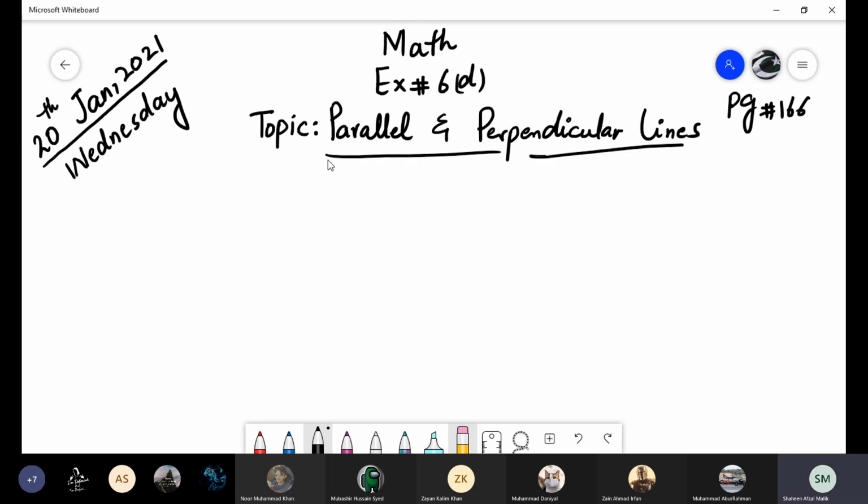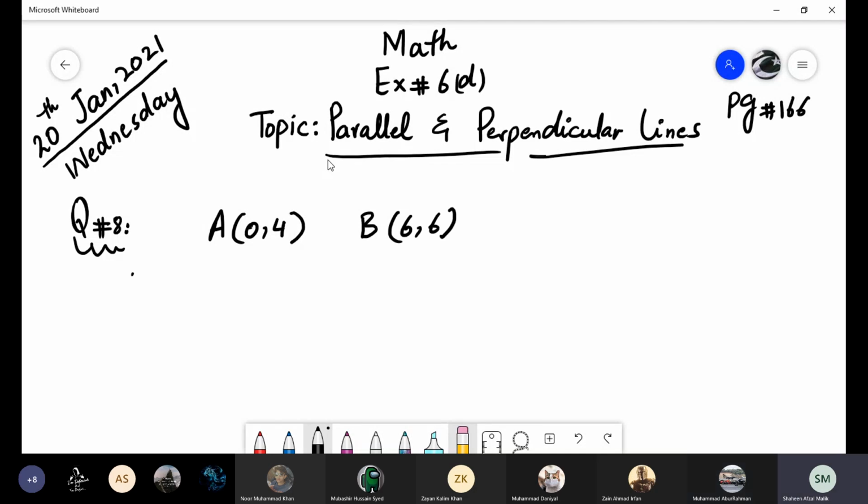Okay, so we have done the 7 questions. Today we have to start from question number 8. Question number 8: given that A is the point having the coordinates 0 and 4, and B is having the coordinates 6 and 6.